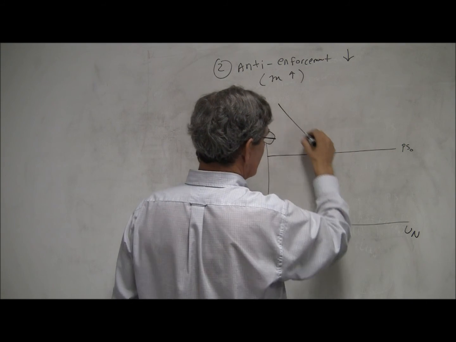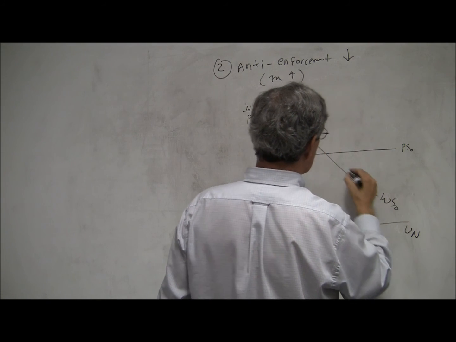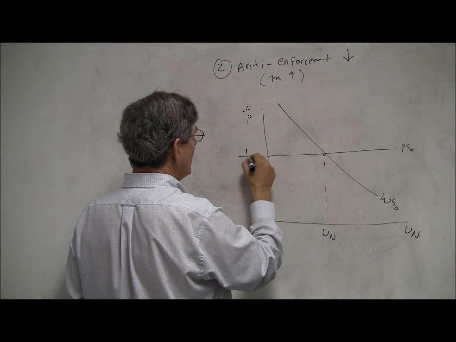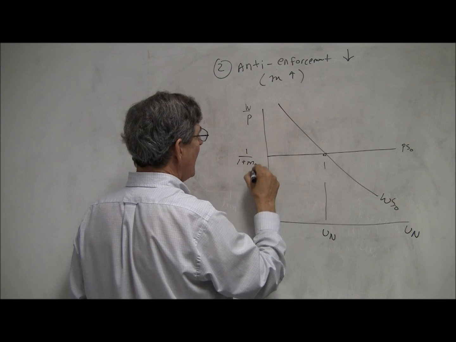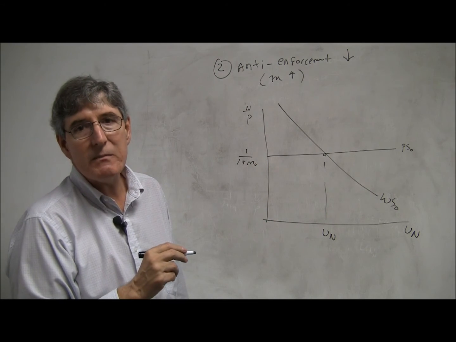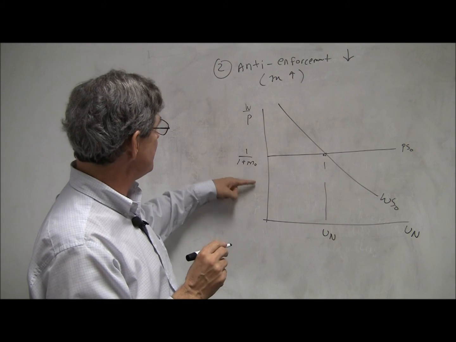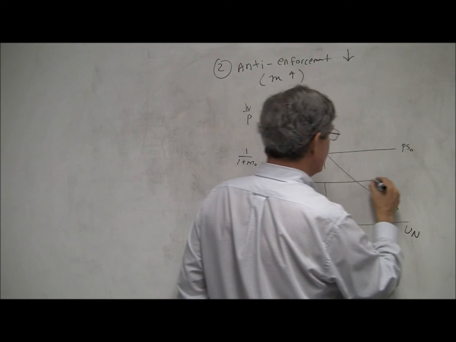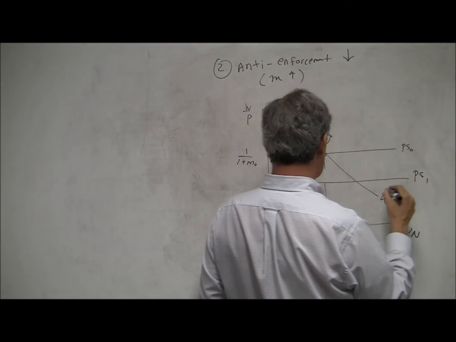PS0 and WS0, and here's our initial unemployment rate. This is 1 over 1 plus M naught. If M goes up, what happens to the price setting equation? Well, clearly it shifts down because the thing on the bottom is bigger. So after this change, we get a new price setting equation.